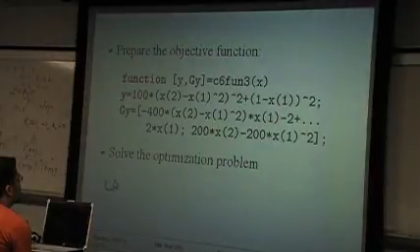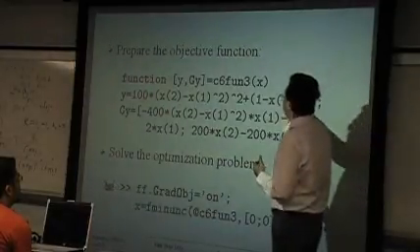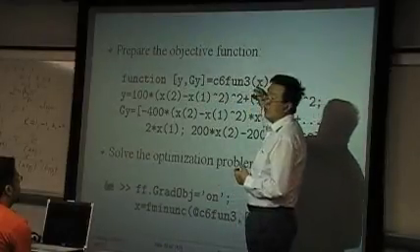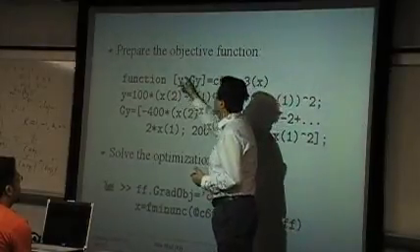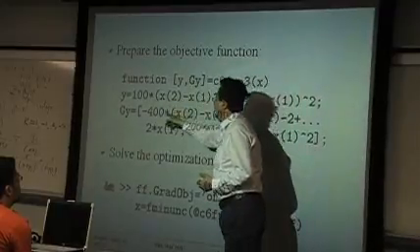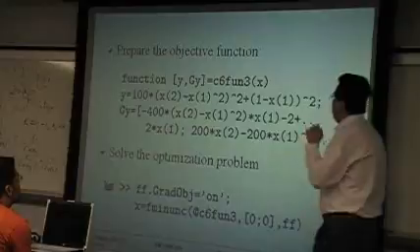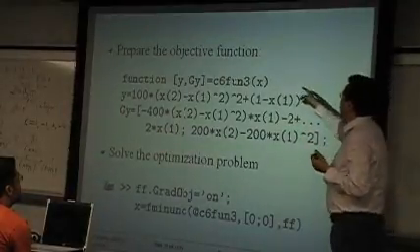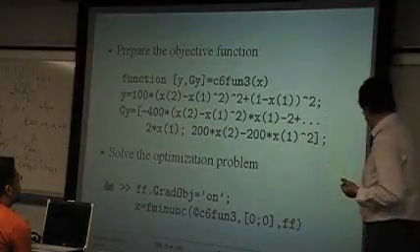And then we can use the gradient in the objective function, where the objective function returns two variables. One is the objective function itself. The other one is the gradient of the objective function. So this function will return two arguments.